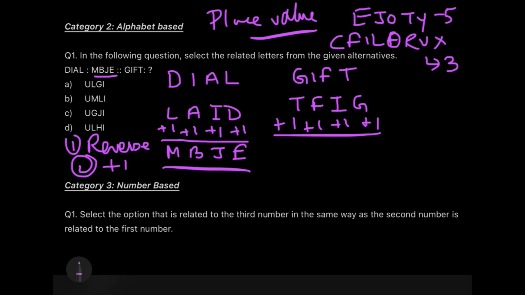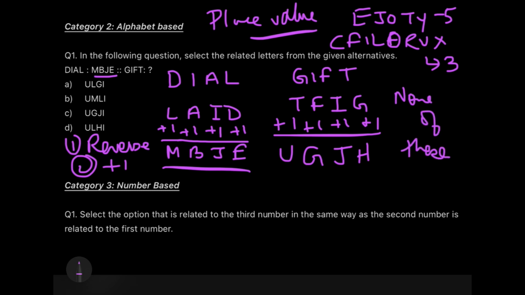T plus 1 will give me U, F plus 1 will give me G, I plus 1 will give me J, and G plus 1 will give me H. So my answer will become UGJH. As you see over here in the options, do you find any option matching with this? I don't think so. So there is no option which is matching, so our answer will be none of these.